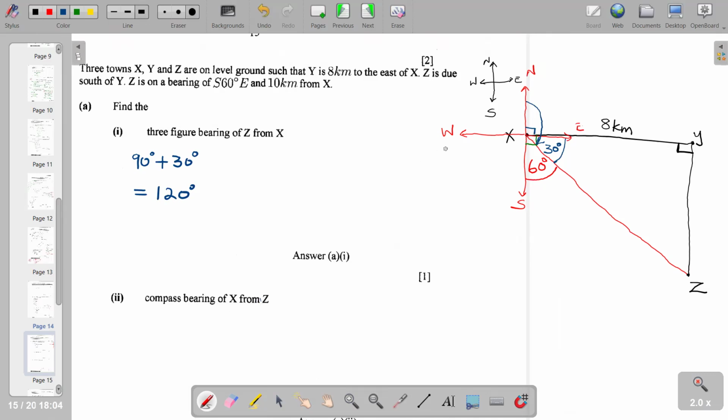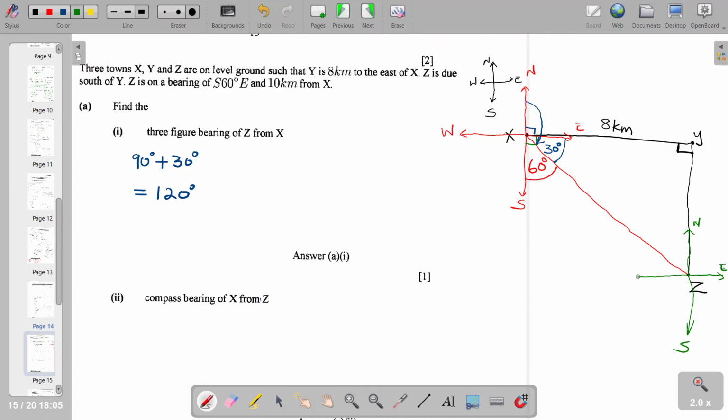Then the next question is saying the compass bearing of X from Z. This is our X, from this Z. So if we are to check, we are going to have our compass there at Z. This is the north, this is the south, then this is the east.